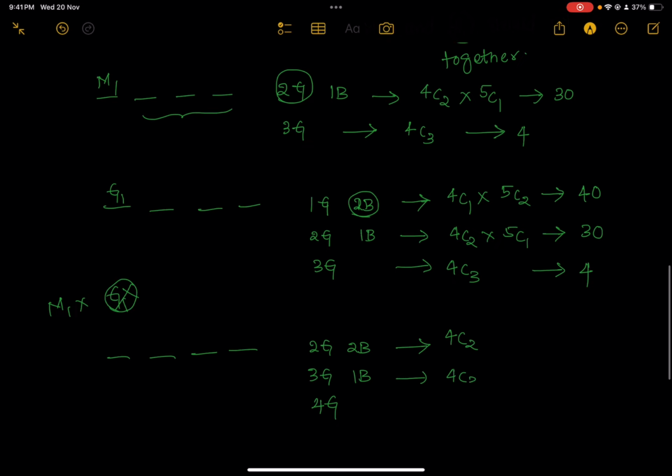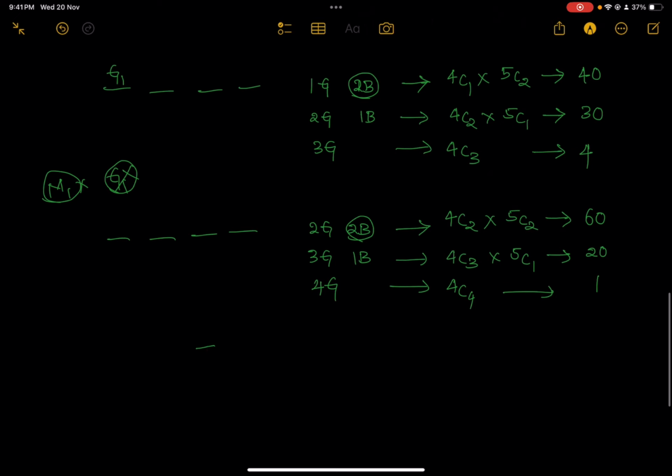So similarly this is 4C3. This is 4C4. Again here we have to select 2 boys, but we should not select M1. From the remaining 5 boys we have to select 2 boys. So 5C2. Similarly this is 5C1. So 4C2 is 6, 5C2 is 10. This is 60. 4C3 is 4, 5C1 is 5. This is 20. 4C4 is 1.